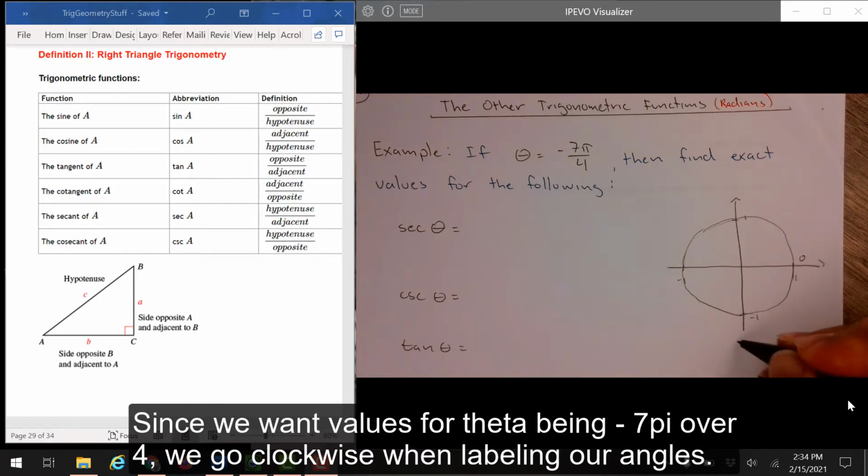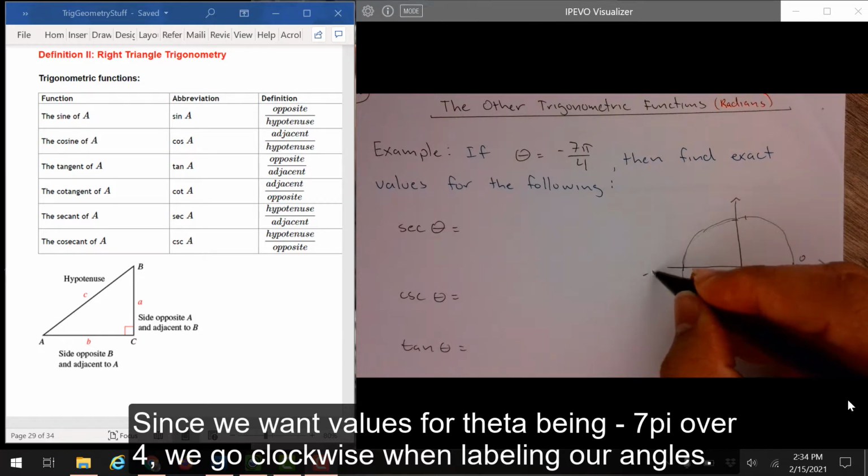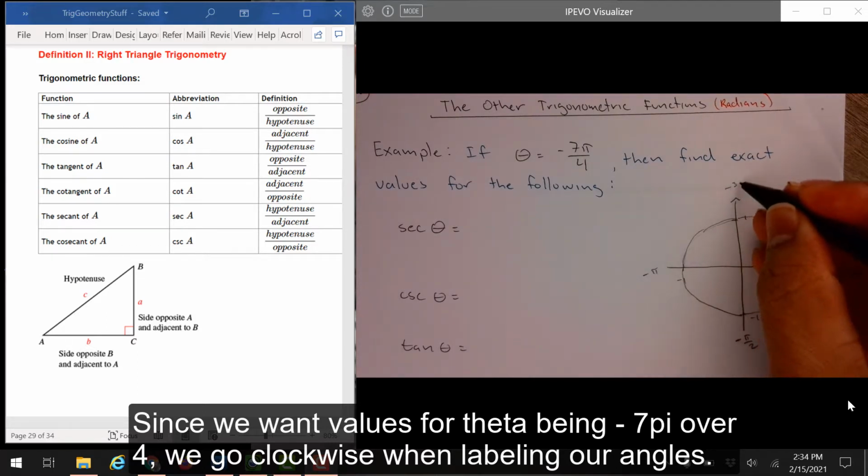Since we want values for theta being negative 7 pi over 4, we go clockwise when labeling our angles.